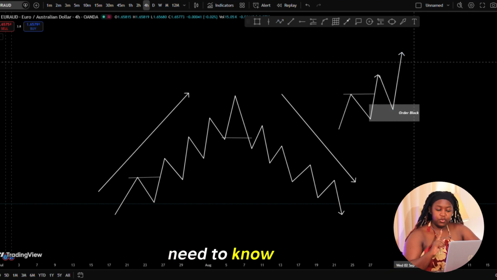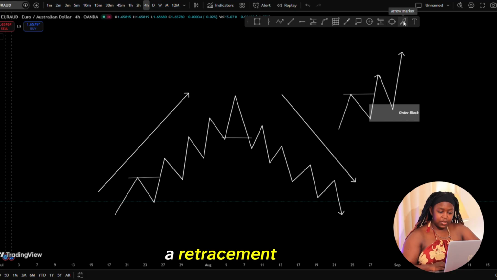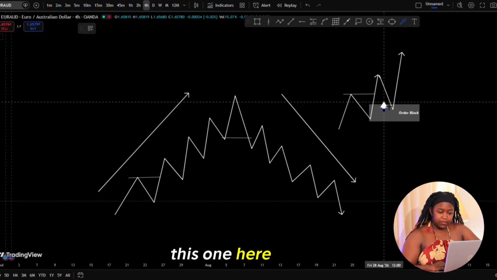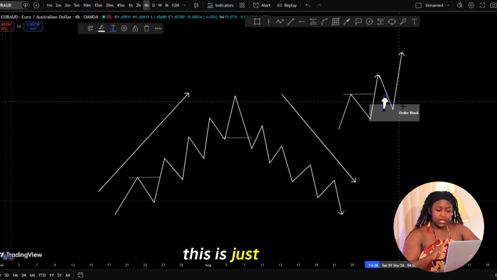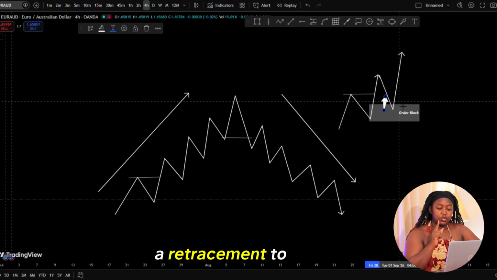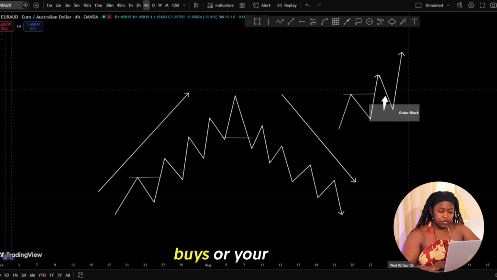So what you need to know is, after price breaks structure and there's a key level that caused it, you wait for a retracement. This move to the downside is just a retracement or a pullback. You wait for a pullback or a retracement to that key zone or key level before you enter, before you place your buys or your sells.